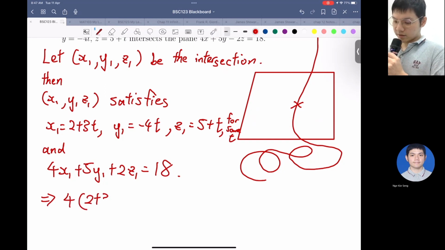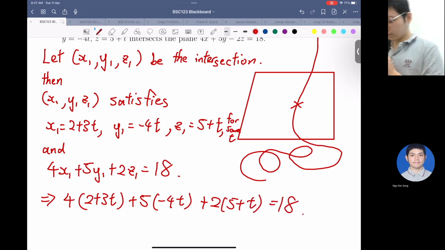You get 2 plus 3t plus 5 minus 4t plus 2 times 5 plus t. If you see this, I think you should feel happy here. Why? Because you got one variable with one equation, meaning you can find that t.